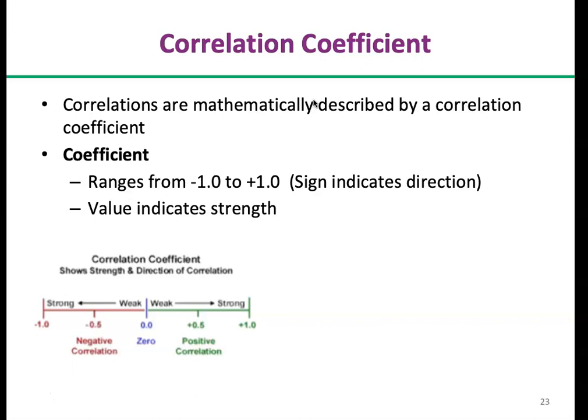So if you were to measure two things together, say happiness and social relationships, and it came back as a 0, I mean, it never comes as an exact 0, that's a 0 correlation between the two. If you were to come with a +.5, that's a positive correlation. And if you were to have a -.5, that's a negative correlation.